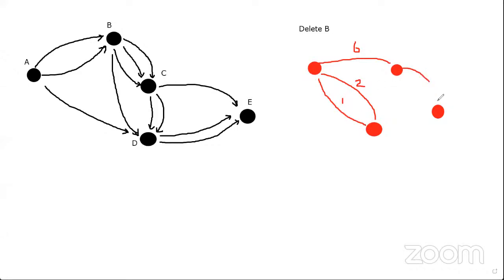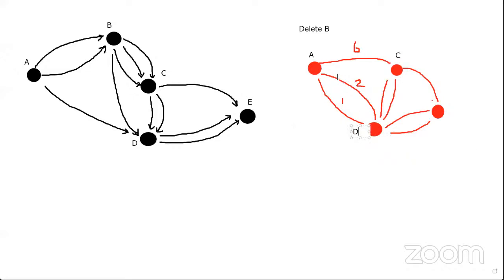And then from here to here, that's the same way. So B is gone.